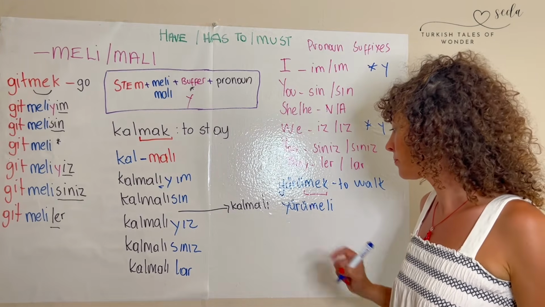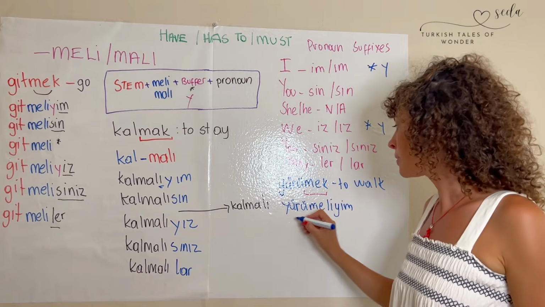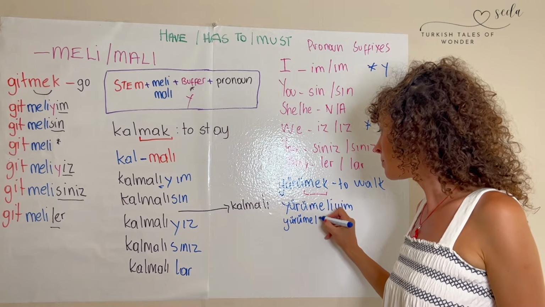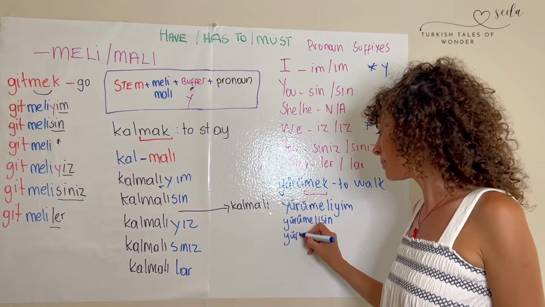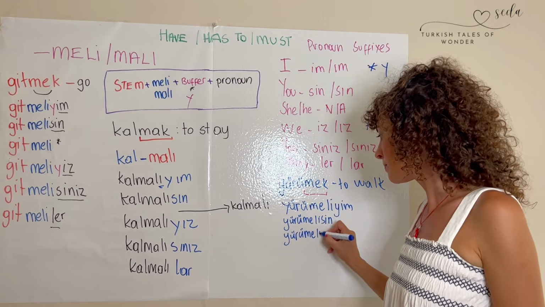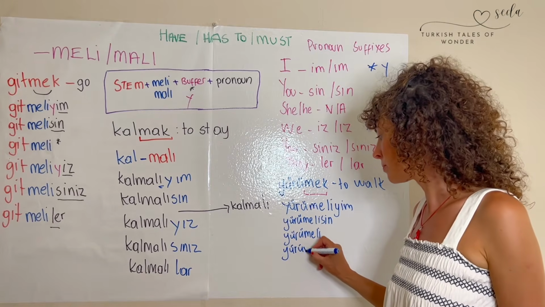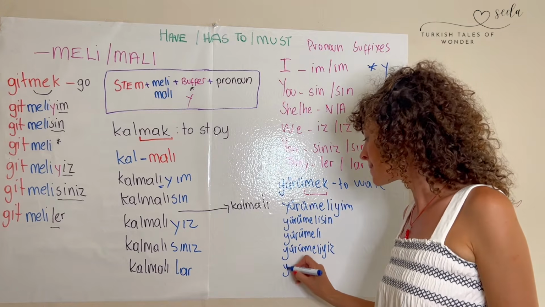Yürümeli. So, yürümeliyim. Yürümelisin. Yürümeliyiz. Yürümelisiniz.